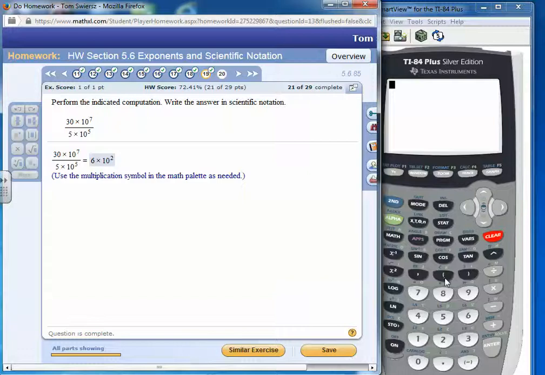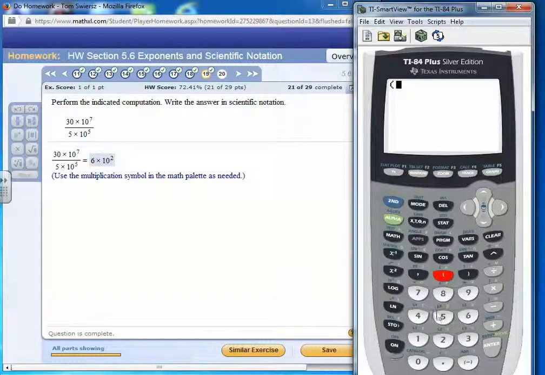Now on the calculator, we could do 30 times 10 to the 7th, and then the parentheses. Now this time we're dividing, right? Even though 30 is not technically in the form 3.0, you can still put it in that form and it'll work out fine.